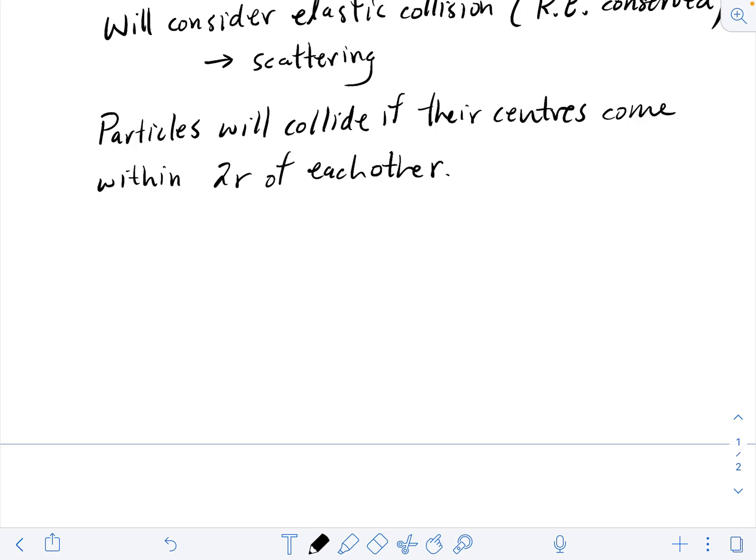And so if we think of a pair of particles, maybe here's one that is moving in this direction, and we'll say that this particle has some radius r. And so let's extend this line. I'm going to draw a parallel line that just meets the outer circumference.